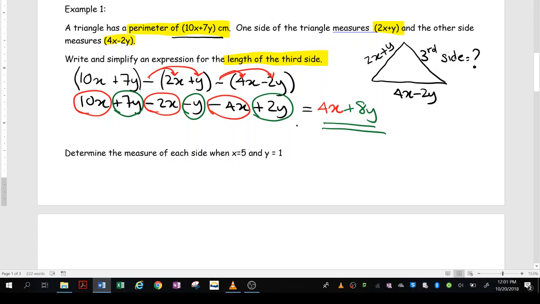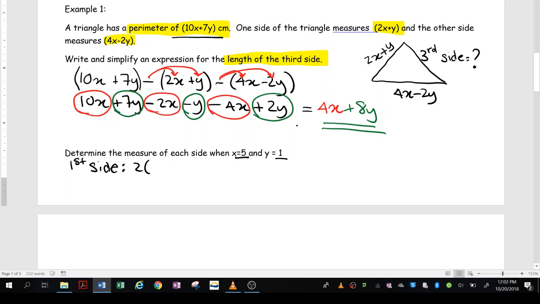Now in the second part of this question, we're asked to determine the measure of each side when x equals 5 and y equals 1. So let's go ahead and do that here. For our first side, we have 2x plus y, and we're going to substitute 5 in for x and 1 in for y. So this is our first side.